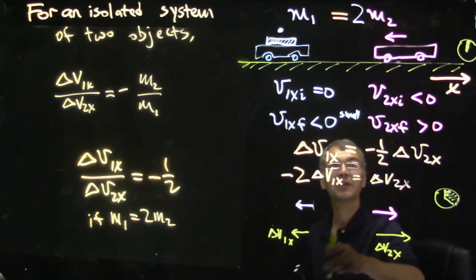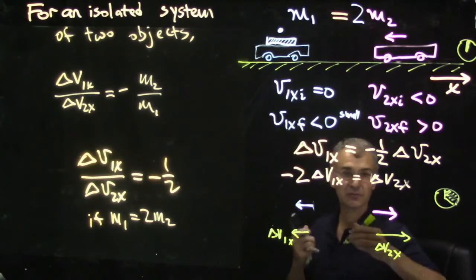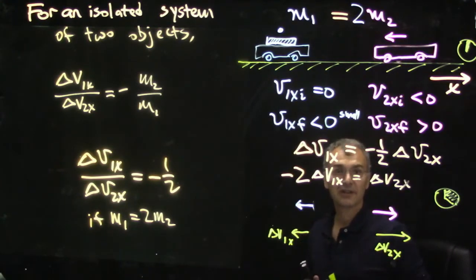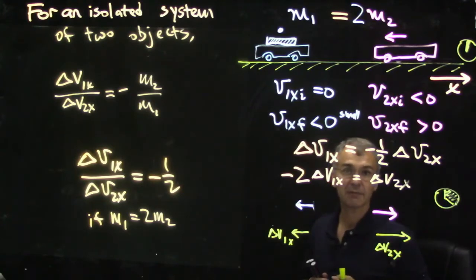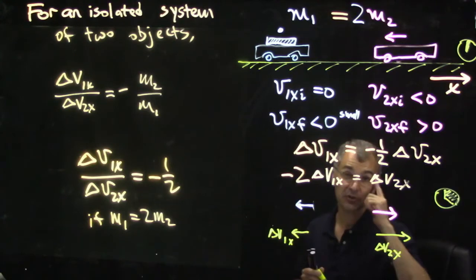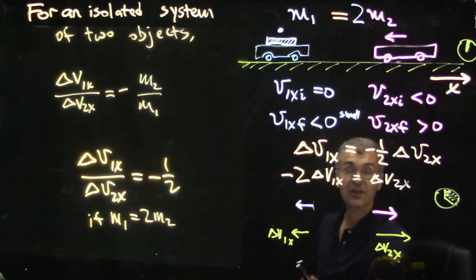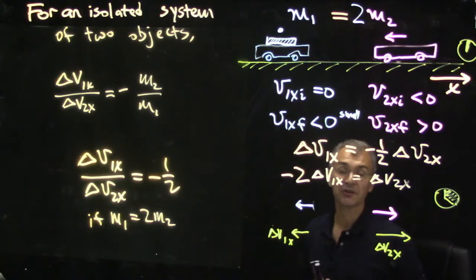So you're going to see that the change in velocity of the red cart is twice as big in magnitude as the change in velocity of the blue cart. But notice that the change in velocity of the blue cart points to the left. The change in velocity of the red cart points to the right. See if you can see that.